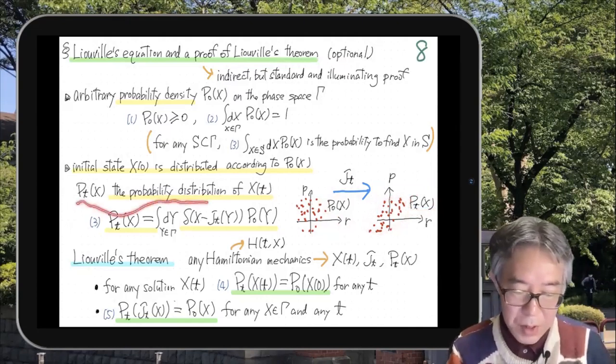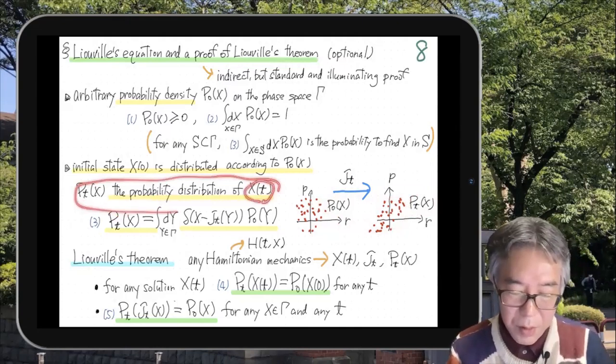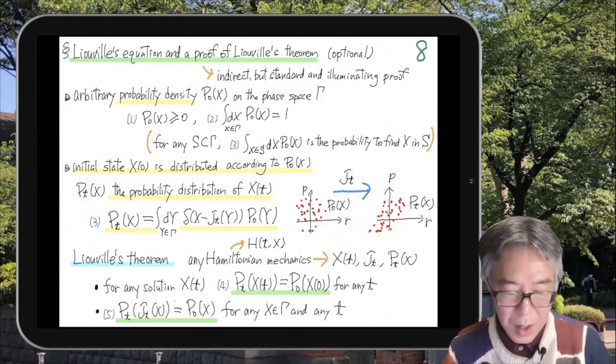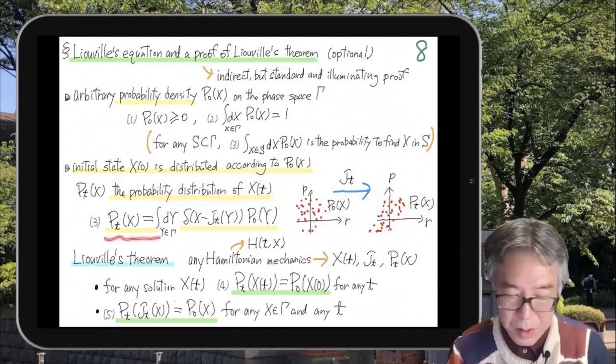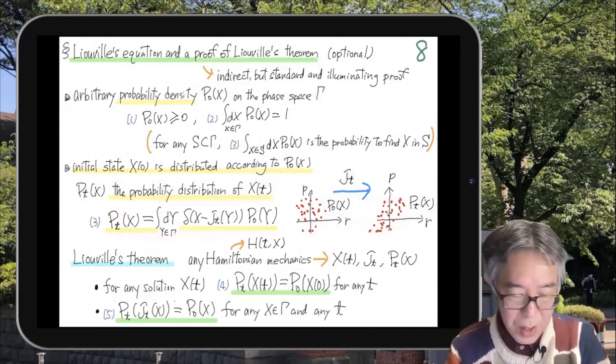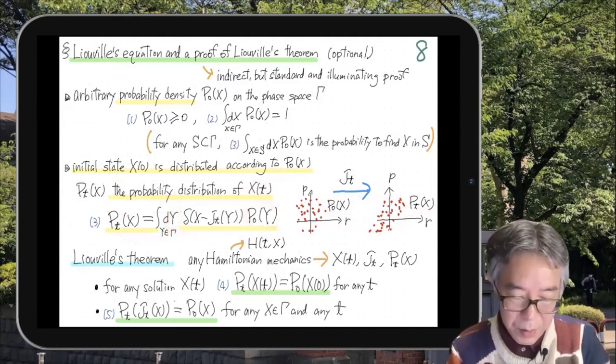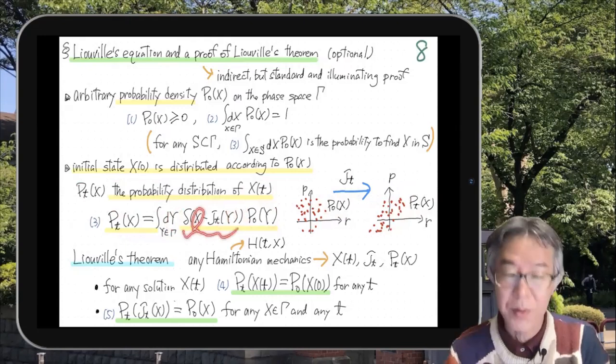It's the probability distribution of x(t) for a given fixed t. And in equation, it's determined like this. So what is this? Well, this says that the initial state y is distributed according to P0(y). And then if you evolve this y by t, then this φ_t(y) must be equal to x. So here's a delta function.